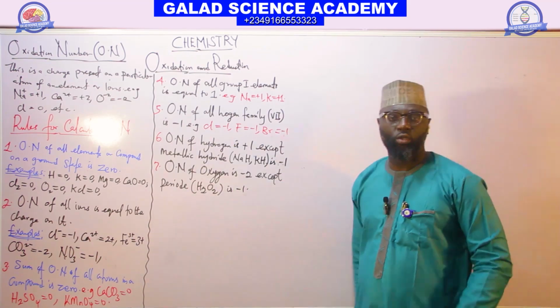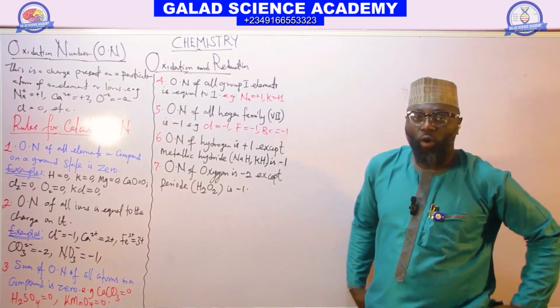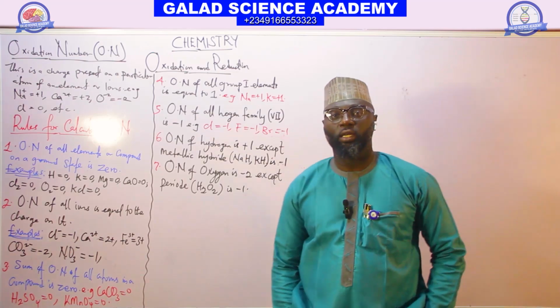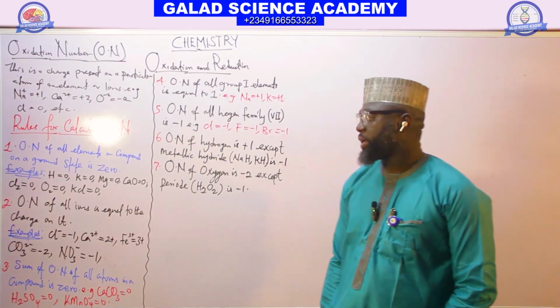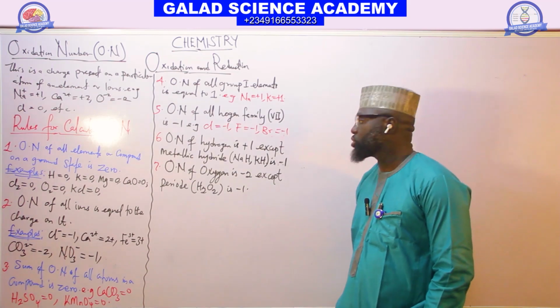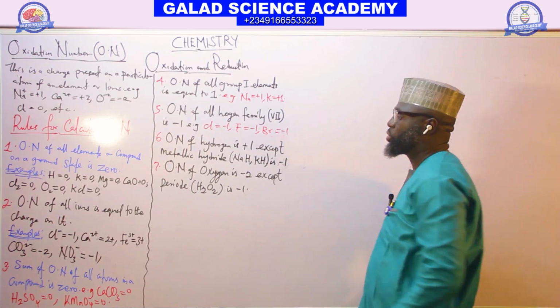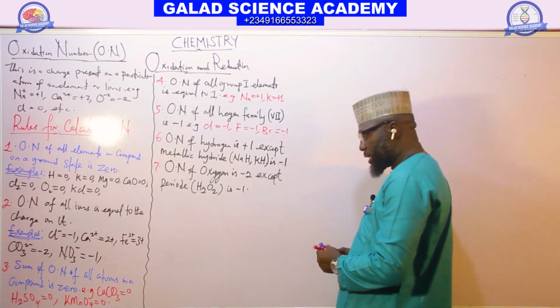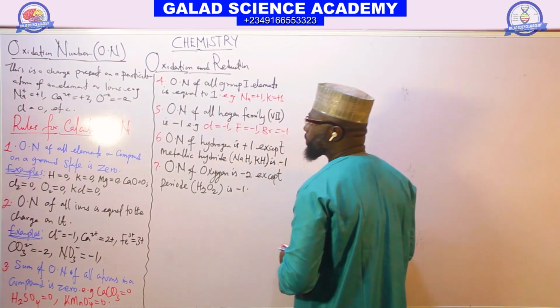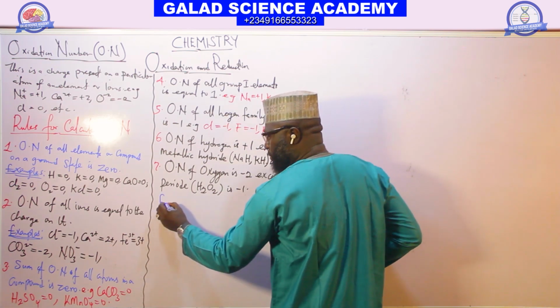So that is all about the rules of oxidation number. Now let us look at how we are going to apply these rules. Take this example.